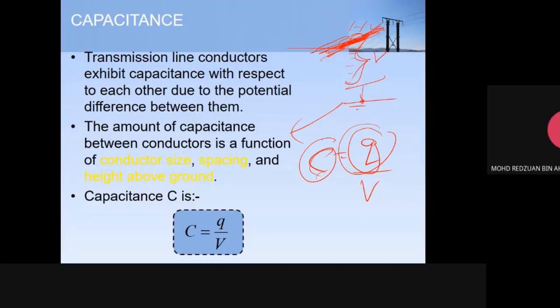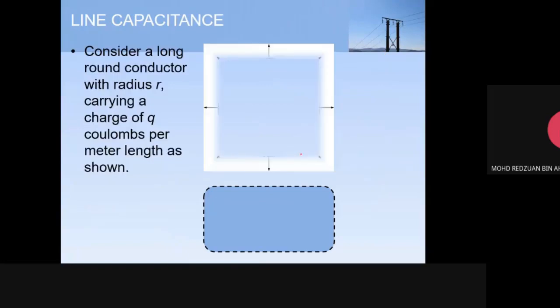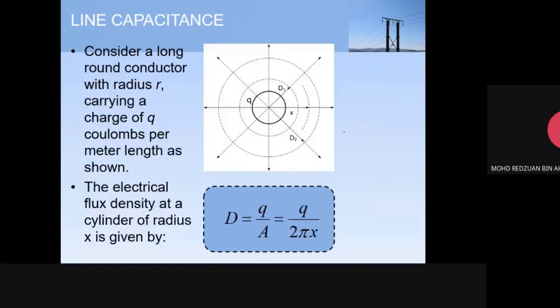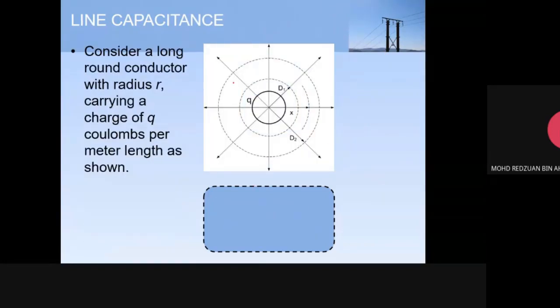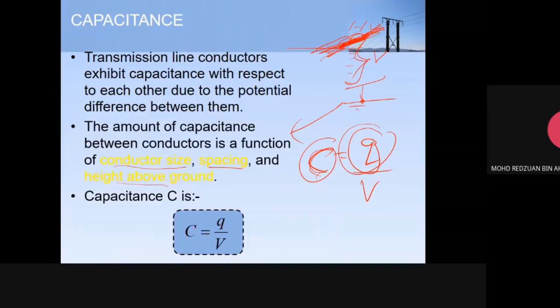Usually this C is affected by these factors: conductor size, spacing, and height above the ground. So we will see how to calculate the C. Because we want to know the C, what do we have to know?